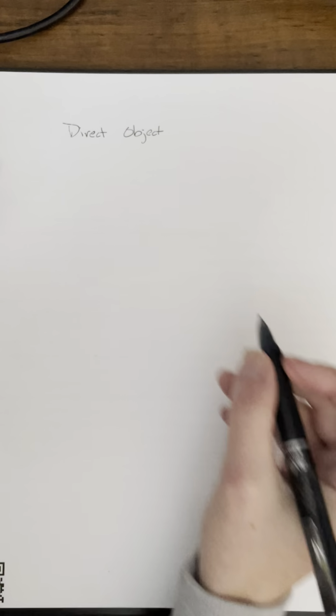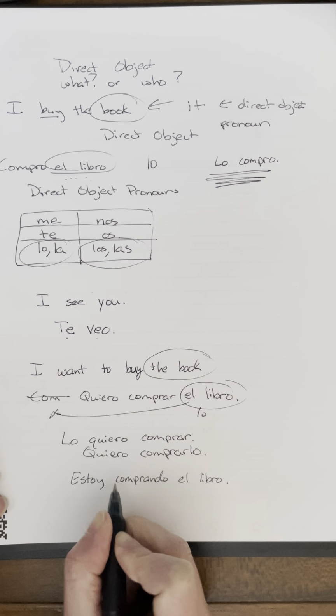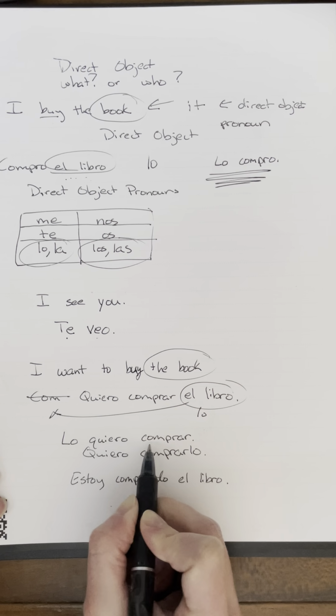So let's say we're still talking about the book. Let's say I am buying it. So I can say, estoy comprando el libro. Okay, so same idea. There's my direct object. Now, I cannot split these two up. I can't split estoy and comprando up, just like I couldn't split up quiero and comprar.